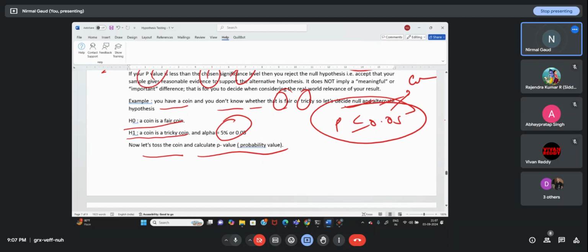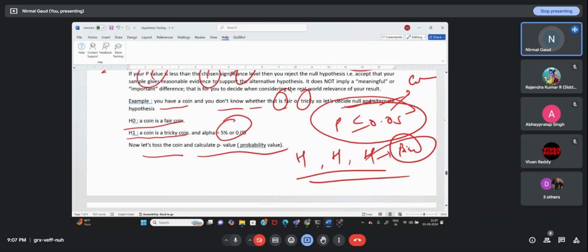You toss the coin, you got head. You again toss the coin, you got head. You again toss the coin, you got head. So in three tosses, you got head, head, and head. Okay, that means mostly head is coming. That means the coin is biased. Okay, mostly head is coming.